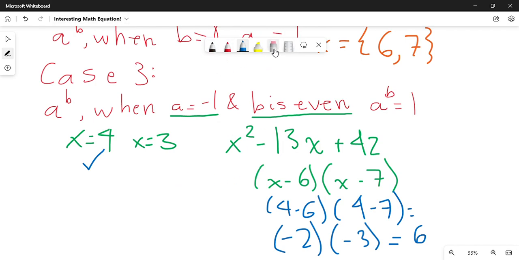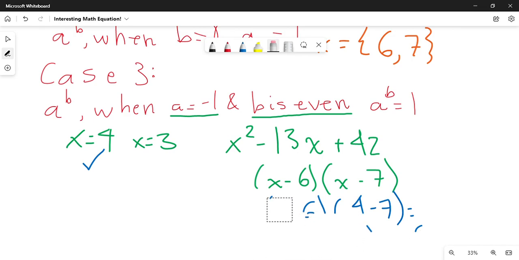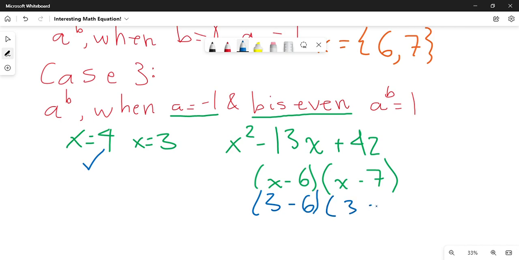Now let's check 3. 3 minus 6 times 3 minus 7. 3 minus 6 is negative 3, times 3 minus 7, which is negative 4. When we multiply this, we get 12, and 12 is even.